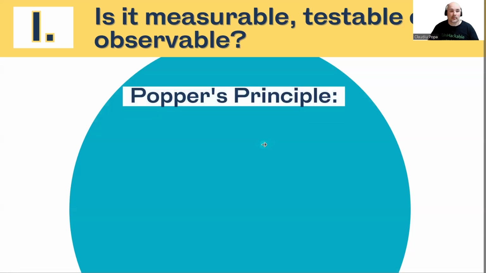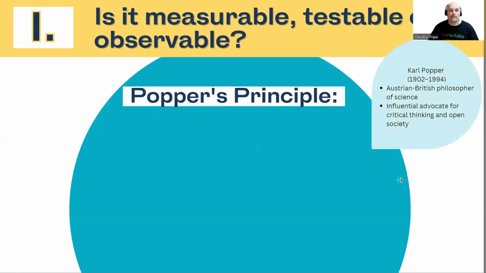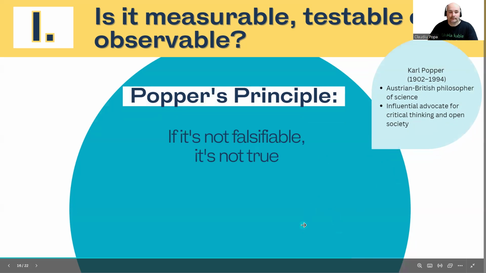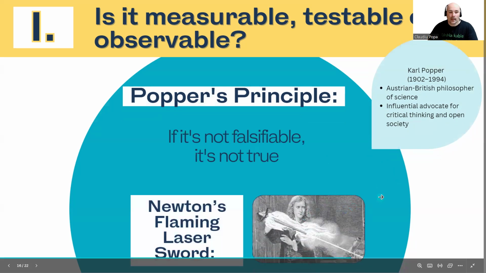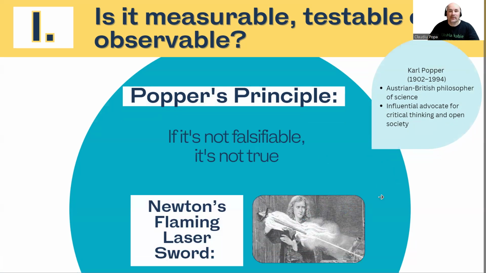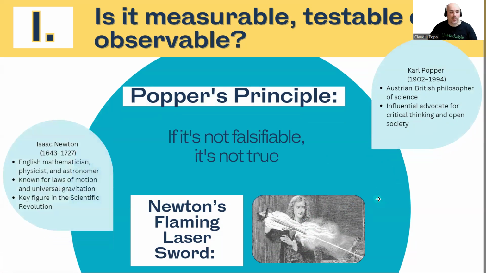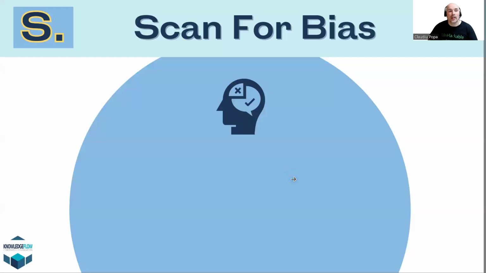And we can't prove a negative, right? Now, Karl Popper's principle says, if it's not falsifiable, it's simply not true, right? And there's various flavors of this. Newton's flaming laser sword is another one. Newton had nothing to do with this.